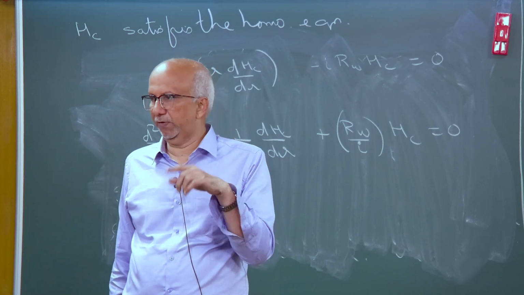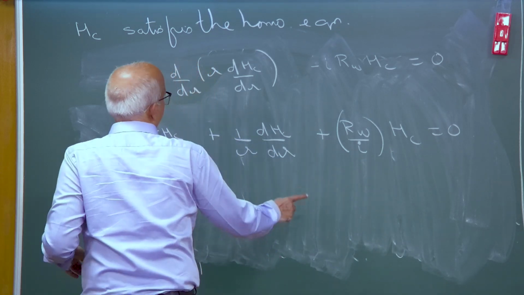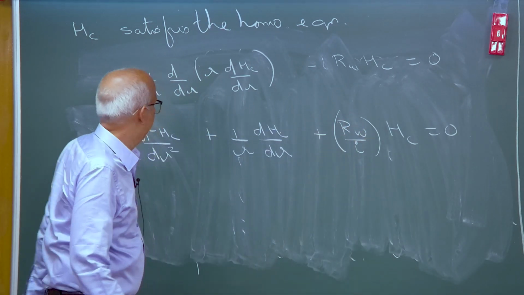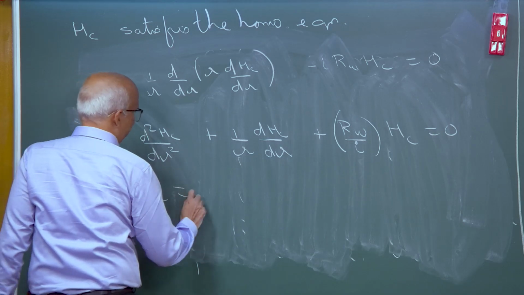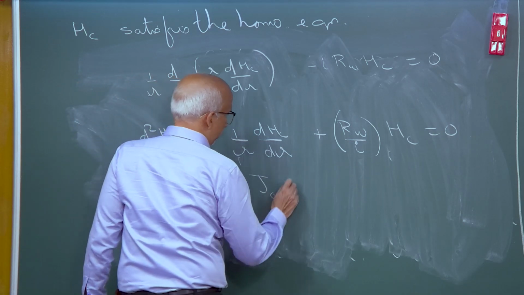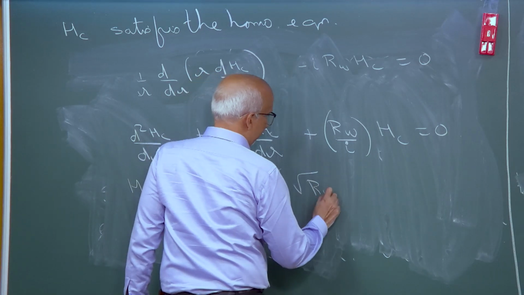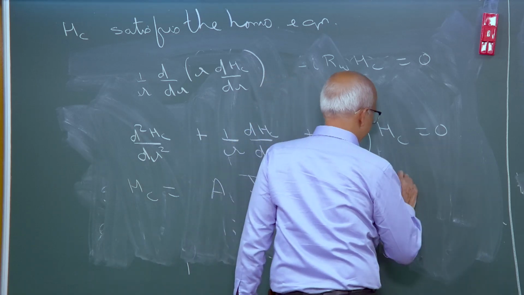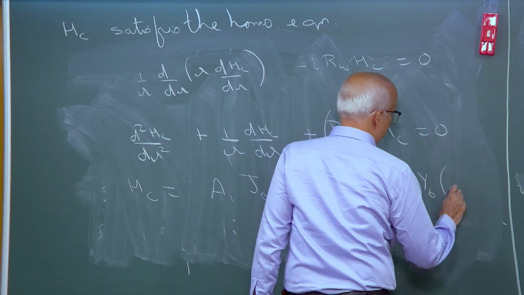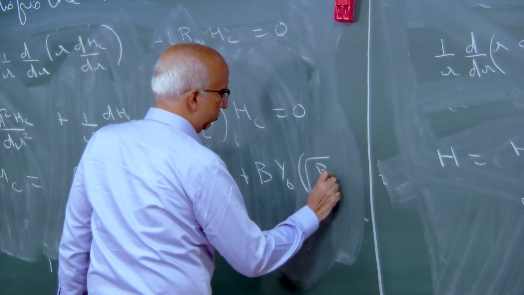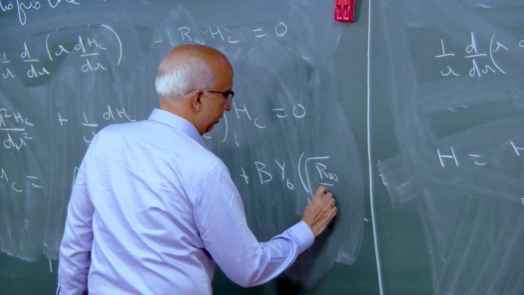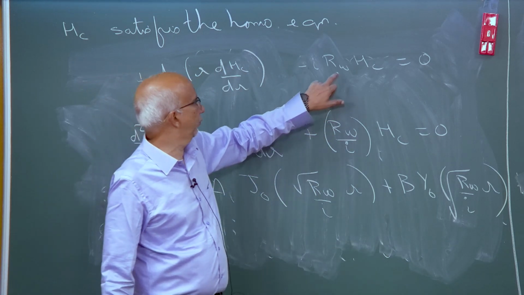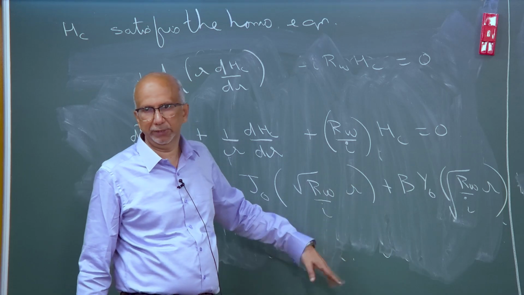The reason why I now have the I at the bottom is because I wanted the plus sign. So the solution to this, H_C, is of the form A J0 of square root of RW by I into r plus B Y0 of square root of RW by I multiplied by r. So the motivation for doing this conversion is so that I can get the solution directly.